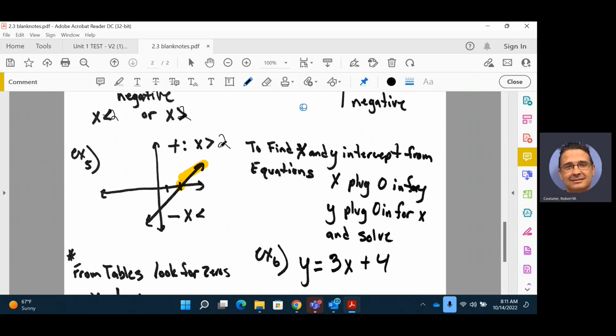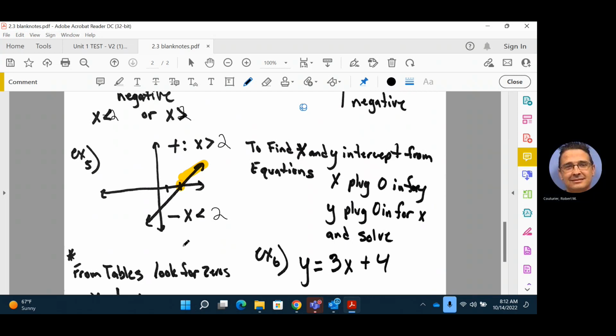And anytime x is greater than 2, it's positive; down here it's negative. Anytime x is less than 2, the graph is negative. Right? So think about that. So there's another way that we're using x-intercepts to help us describe these key features that we see inside of these graphs.